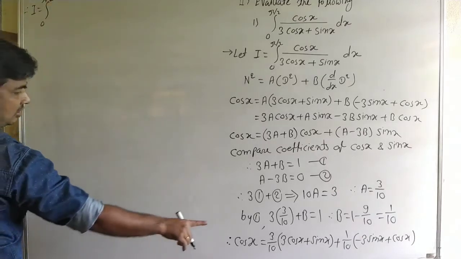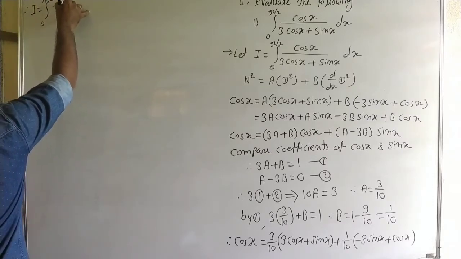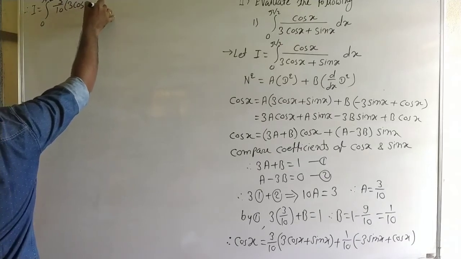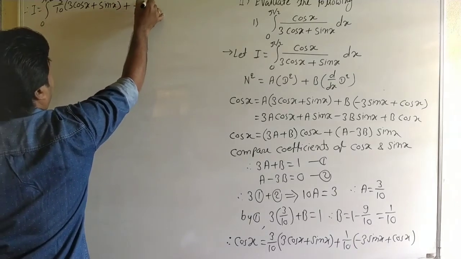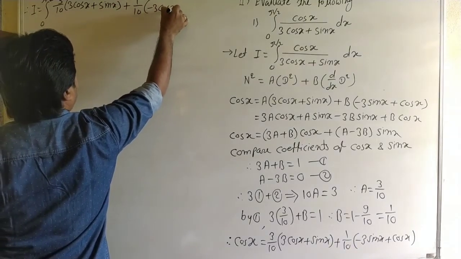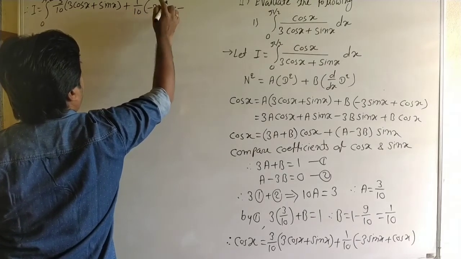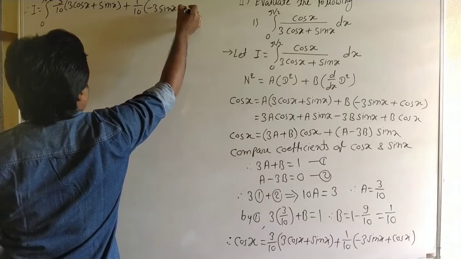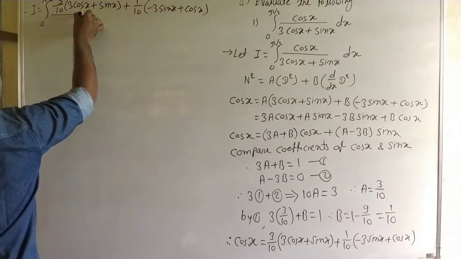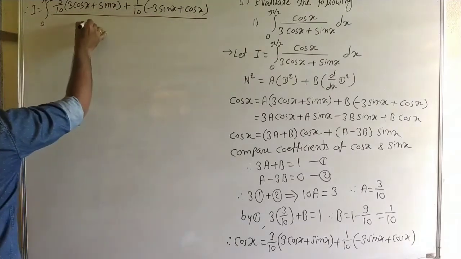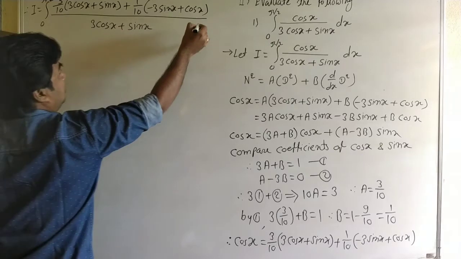We can write cos x replaced by this term, that is 3 by 10 into 3 cos x plus sin x, plus 1 by 10 into minus 3 sin x, which is the derivative of the denominator, plus cos x, whole upon the denominator, that is 3 cos x plus sin x, with respect to x.